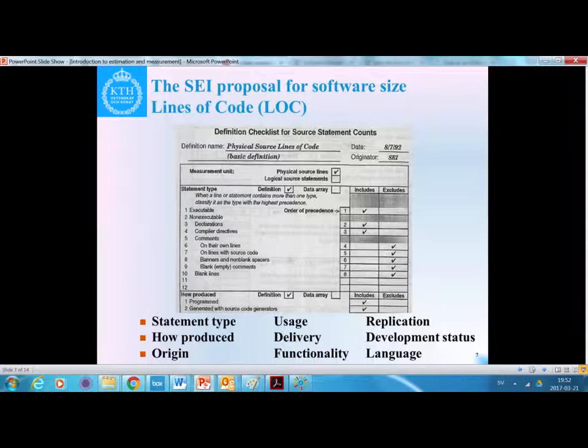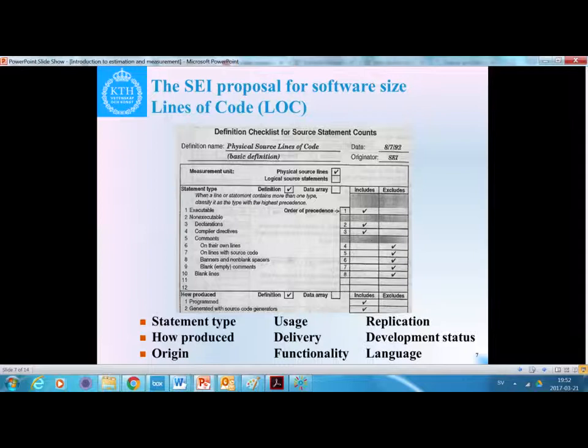It does not matter whether it is a blank line, an executable line, or a comment. Some other companies only count executable lines. So there is no fixed rule for how you should measure lines of code, as long as you use the same measure consistently within the company.